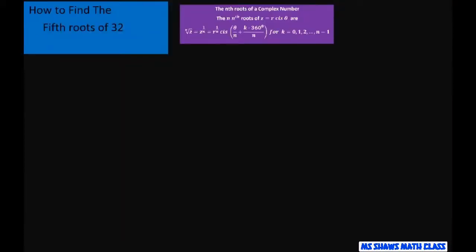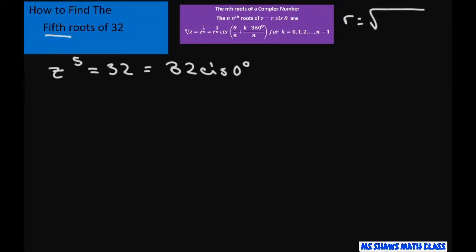All right. So the first thing we want to do is write this as z to the fifth, because we're doing the fifth roots, equals 32. And as stated before, your r is going to be 32 cis of 0 degrees. Remember your r is just the square root of 32 squared plus 0 squared. That just gives you 32.